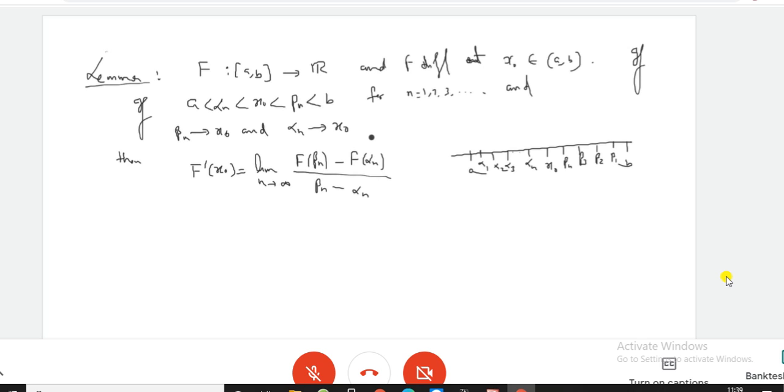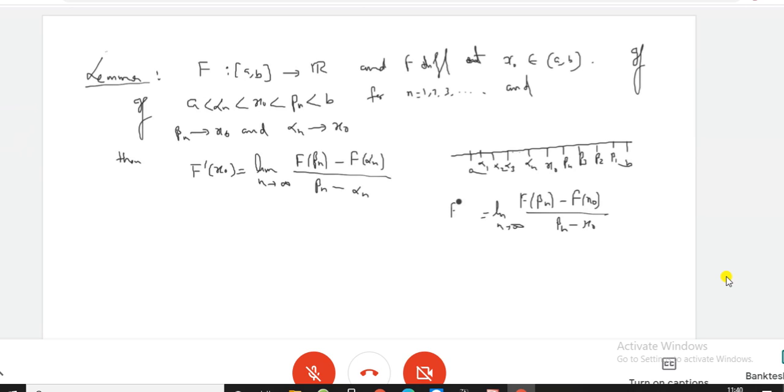Yes, sir. So you can think of, suppose you consider only this decreasing sequence, then you actually know that (f(beta n) minus f(x0)) upon (beta n minus x0), if you write this beta n as x0 plus h, is basically the definition of the derivative. So if this limit exists, as n tends to infinity, this is nothing but the right hand derivative of the function f at x0.